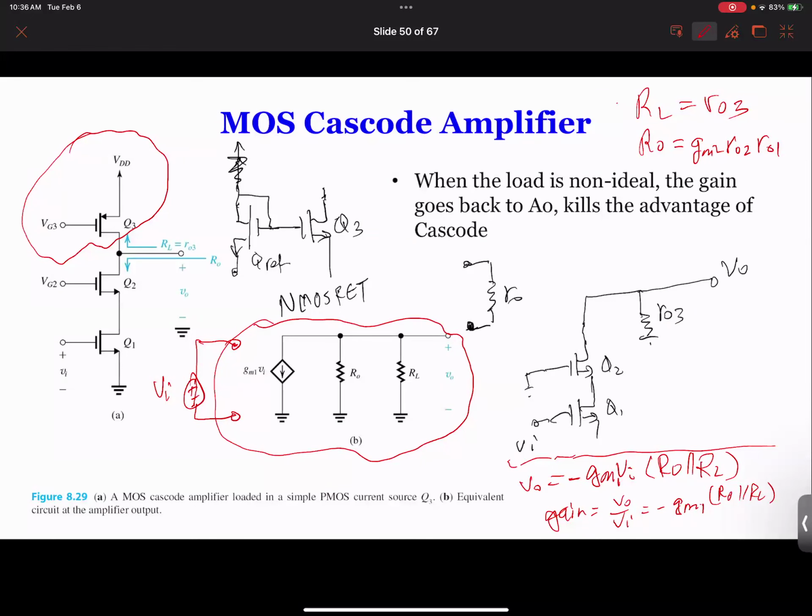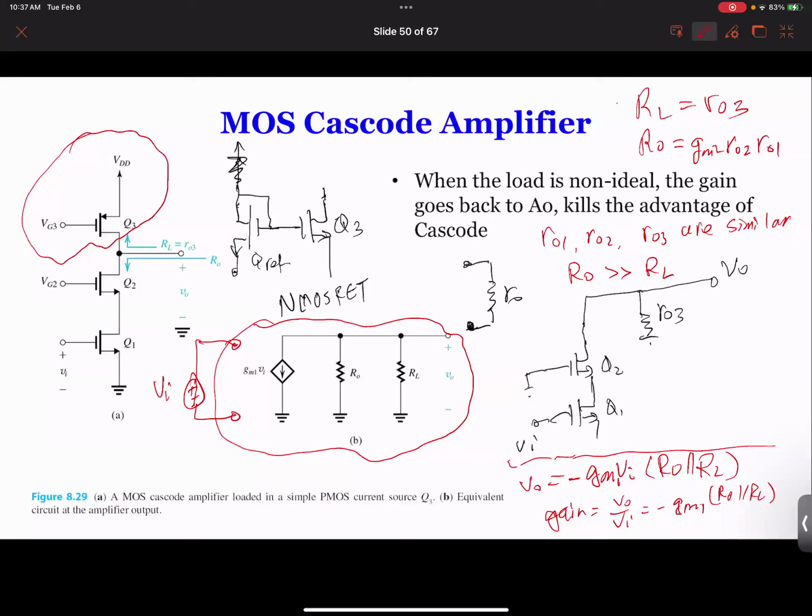One very important conclusion we can make is that RO1, RO2, RO3 are similar in value because they are similar MOSFETs. Therefore, RO is much larger than RL because we're multiplying RO1, RO2, and then multiplying by GM.